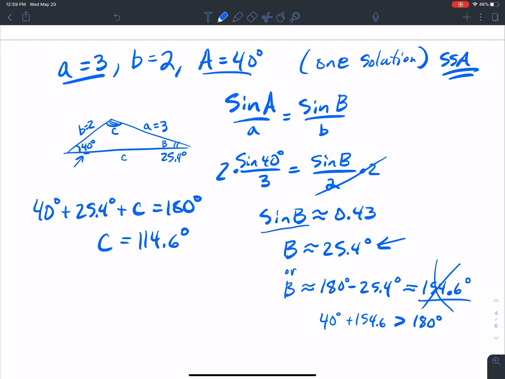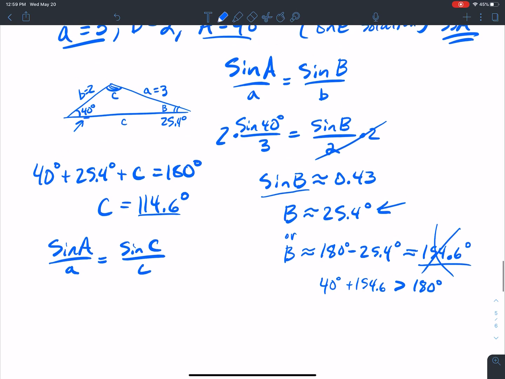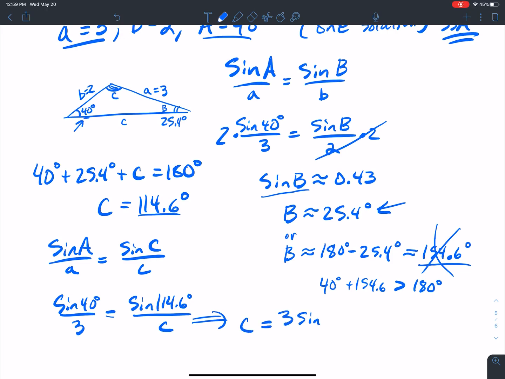Now, the third side, by the law of sines, I get sine capital A over little a equals sine capital C over little c. Since I have my angle, I can plug it in. So sine of 40 degrees over little a, which is 3, equals the sine of 114.6 degrees divided by c. If I solve this for c, I get c is 3 times the sine of 114.6 divided by the sine of 40.